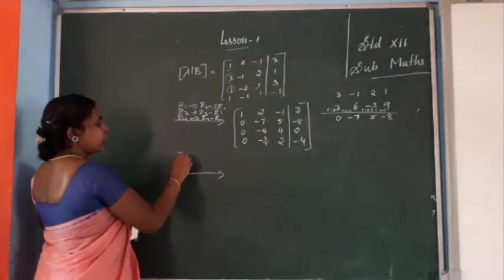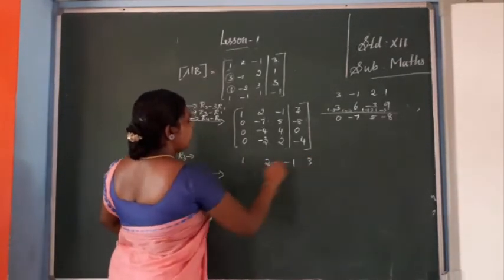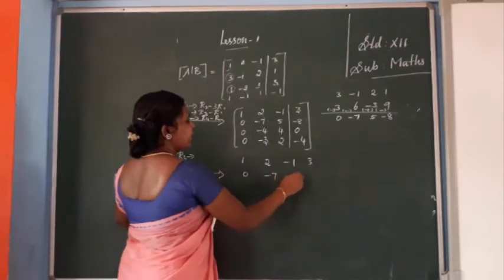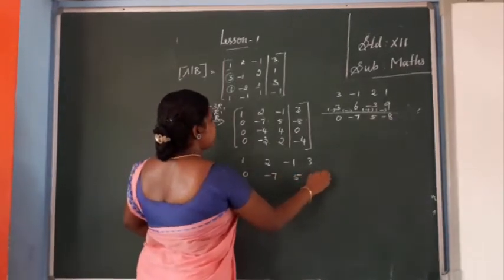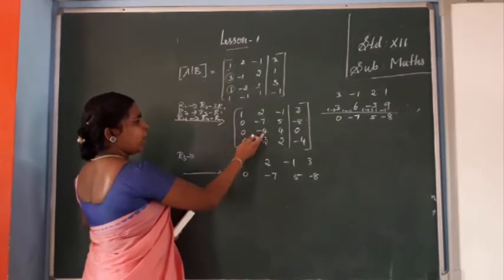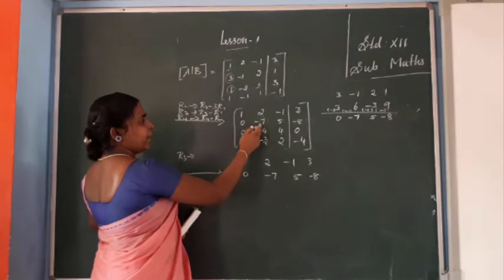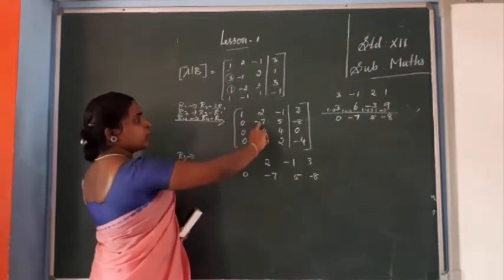So R1 is 1, 2, minus 1, 3, and R2 is 0, minus 7, 5, minus 8. Next, R3 gives 7 R3 minus 4 R2.